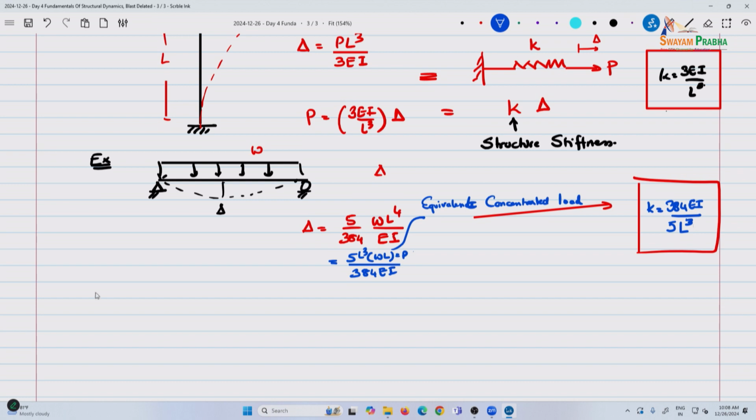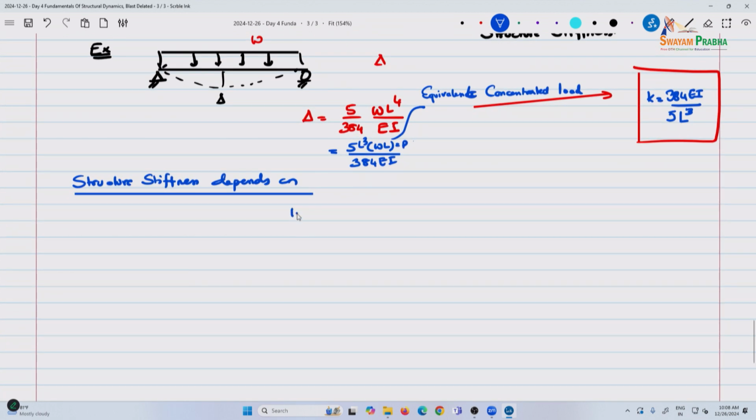So what do we understand from here? The structure stiffness depends on, and you can name some, a laundry list of different things. One, the boundary conditions.